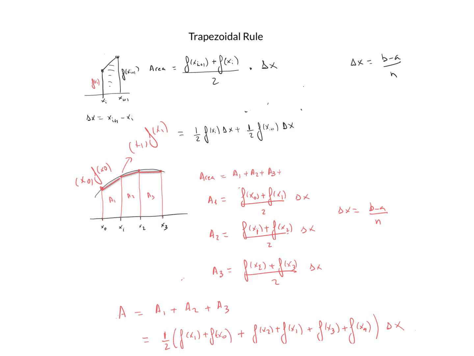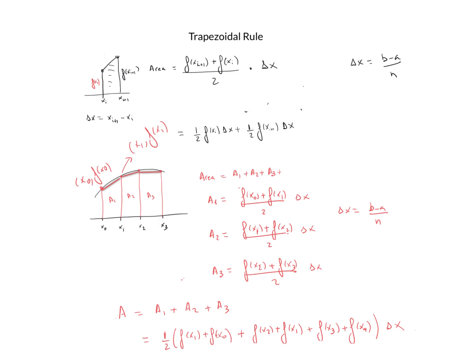If you remember, the area of a trapezoid is the average height, f of x sub i plus 1 plus f of x sub i, the sum divided by 2, times the width.